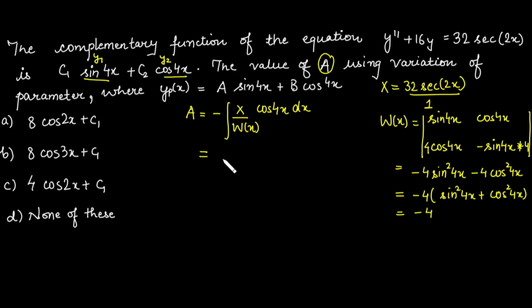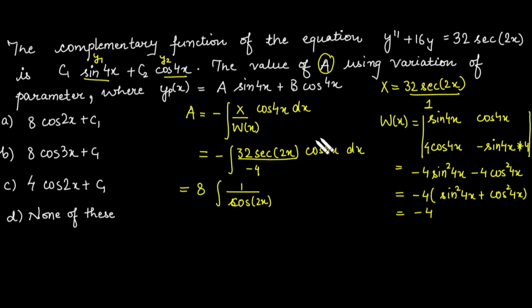This is equal to minus integration of 32 secant of 2x divided by the Wronskian, minus 4 cos of 4x, dx. We can also write this as 8 times, this can be written as 1 upon cos of 2x, and here we can use the formula cos of 2 theta is equal to 2 cos square theta minus 1.